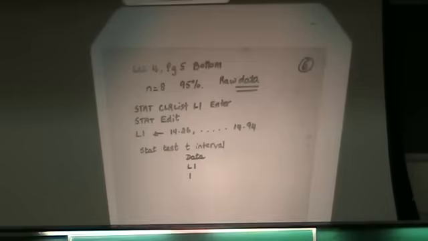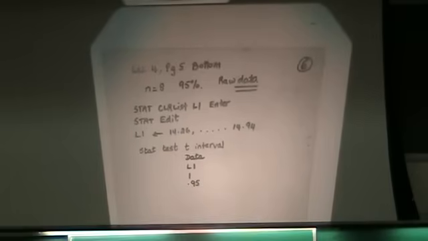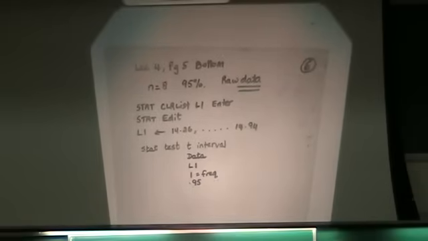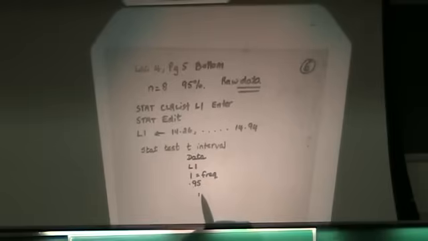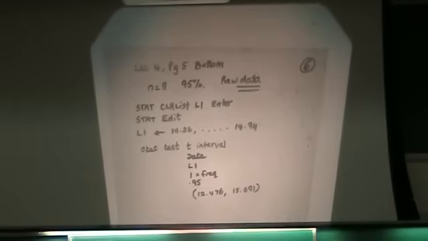Confidence level? 95. Then what? Calculate. So what does it give you? Answer? 12.476, comma, 15.691. It's as simple as that.